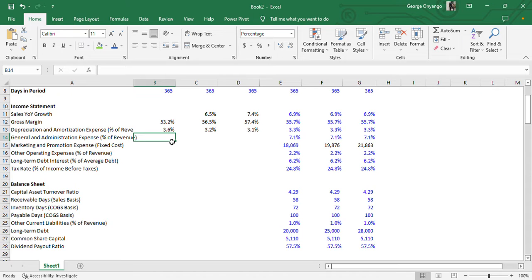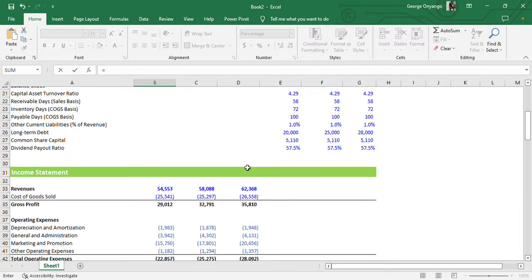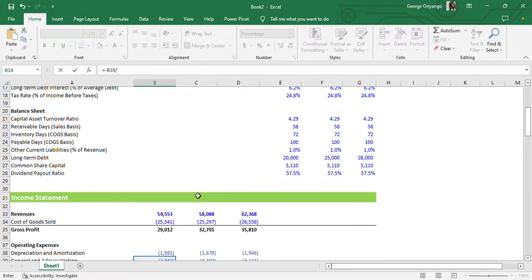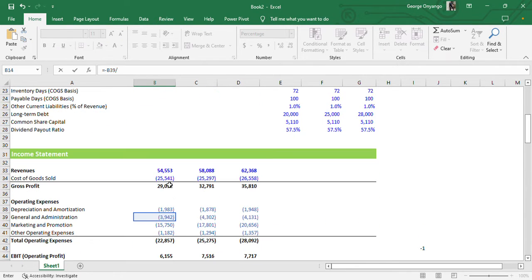Then we also have general administrative expenses. You can also call it SG&A. Selling, general and administration expenses is also a percentage of revenue. You put it positive, then you get it as a percentage of revenue.